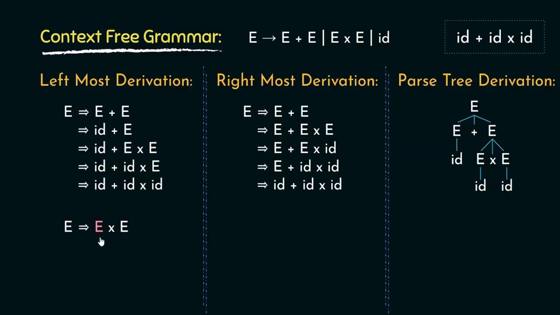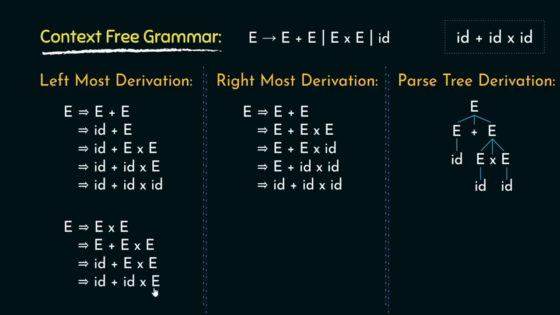So expanding the leftmost e, our derivation becomes e plus e into e, and now we have achieved the format. From all these, this is the leftmost non-terminal. And now we will simply derive id from this because the format is already achieved. Now from these two, this is the leftmost one, so we will derive id again.